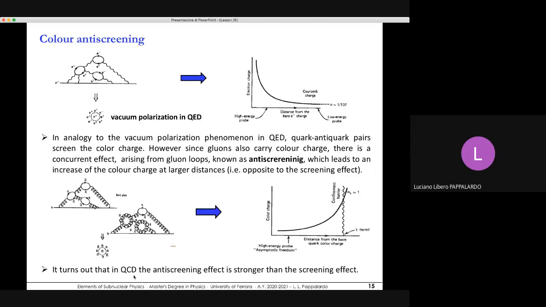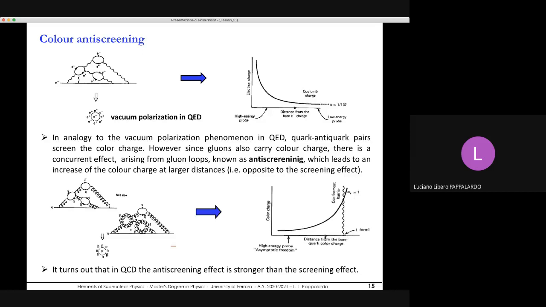And it turns out that in QCD, the anti-screening effect initiated by gluon loops is actually stronger than the screening effect initiated by quark loops. And so overall, this is the dominant process in QCD. And so we have indeed exactly the opposite behavior. When you probe your color charge from a large distance, so at low energy or low momenta, you observe a very, very large color field. This corresponds to a very large value of the strong coupling constant alpha strong.